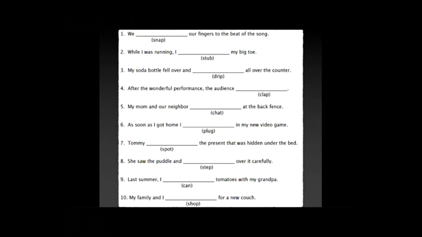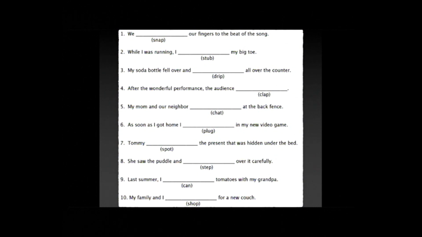Okay. As soon as I got home, I plugged in my new video game. As soon as I got home, हुन got की है past है. ऐसे करके plug ना की बन गया plugged. As soon as I got home, I plugged in my new video game.